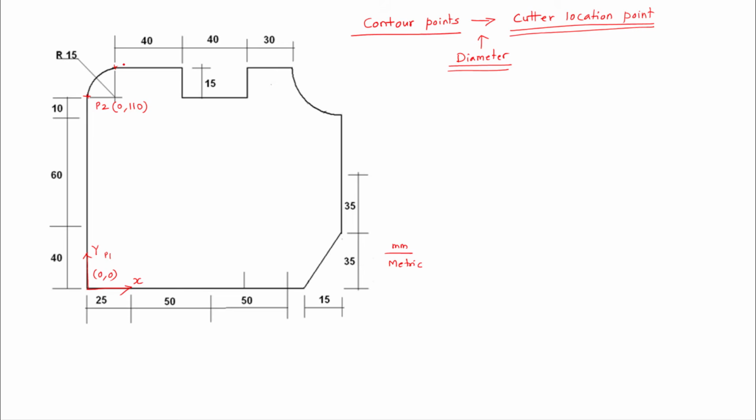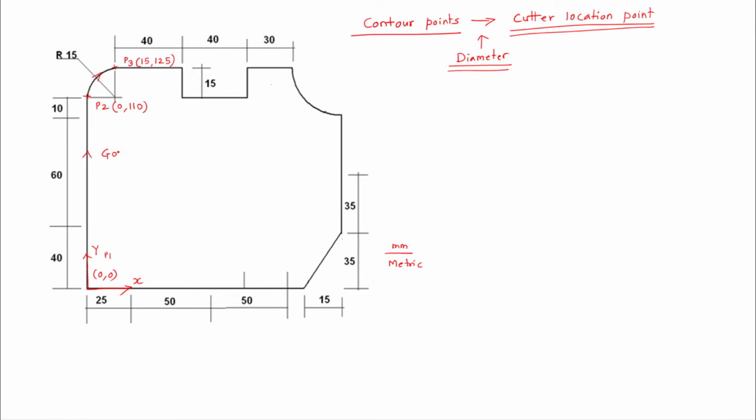This point is the P3 point, having X coordinate 15 and Y coordinate 125. So from P2 to P3 we are moving in clockwise direction, and that is the circular interpolation. So from P1 to P2 we are moving in linear interpolation.